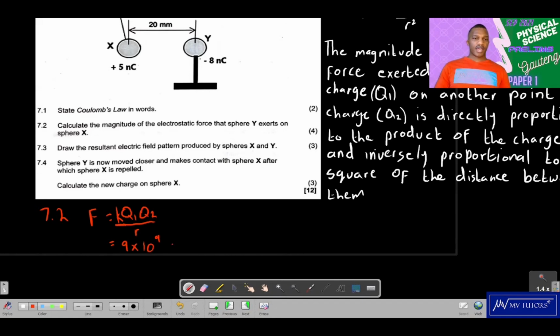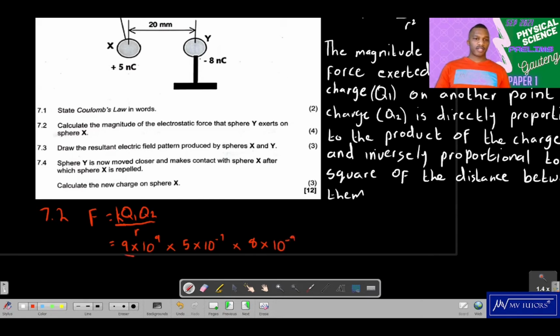And then let us put Q1. Q1 is actually 5, but it's in nanocoulombs. So to convert nano to coulombs, it's 10 to the power minus 9. And then times the other one, which is 8, also in nanocoulombs, so 10 to the power minus 9.